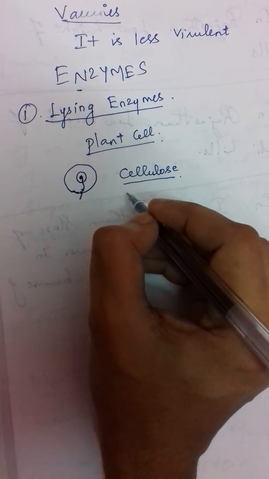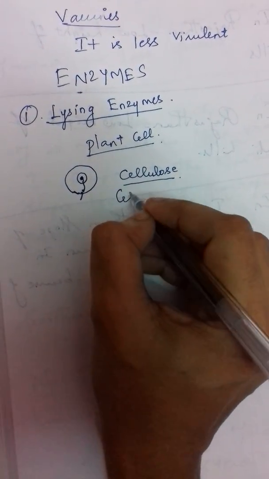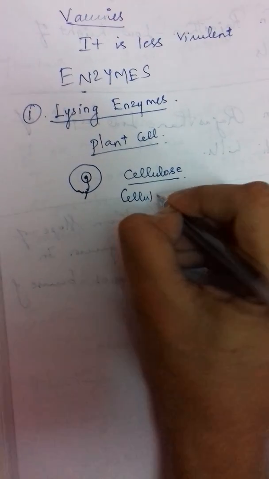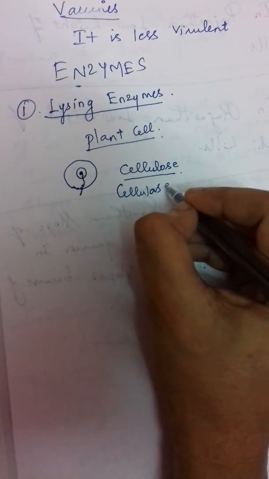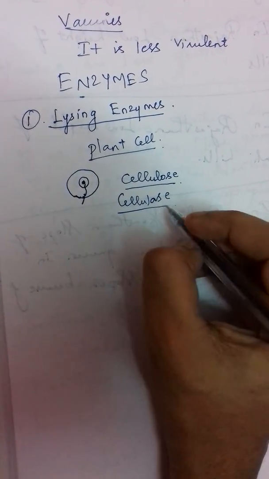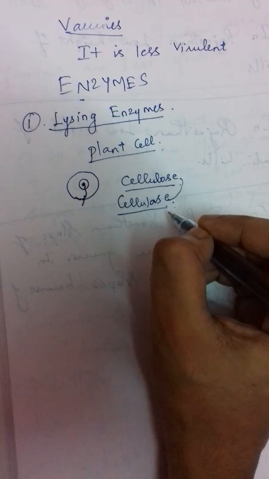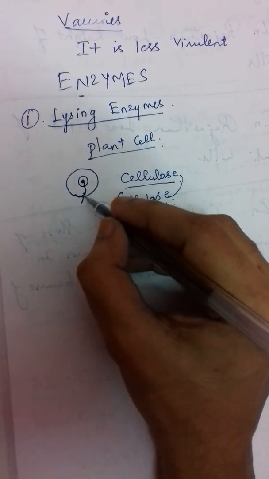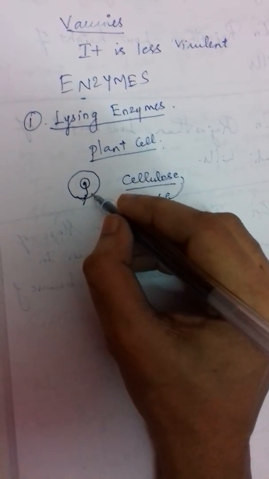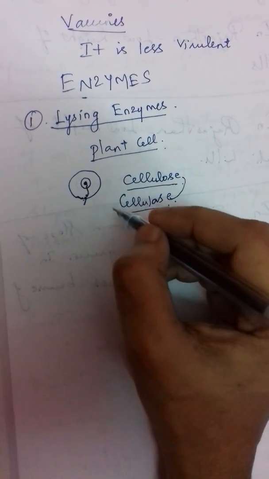The enzyme we have to use is cellulase. Using the cellulase enzyme, we can break down this cellulose. So we break it down and enter inside the cell wall. Then what do we have to do?